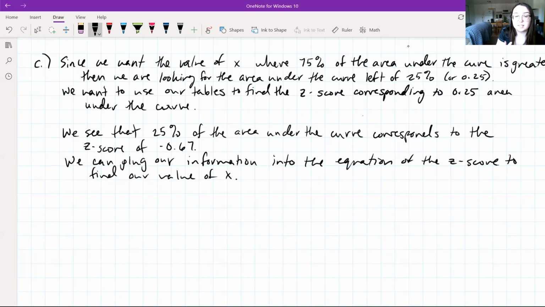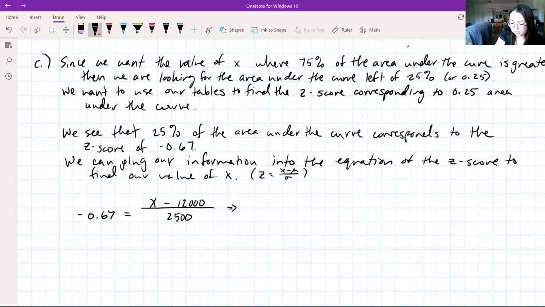So we remember that z is equal to x minus mu divided by sigma. So we get negative 0.67 is equal to x, because we don't know it, minus 12,000 divided by 2,500.